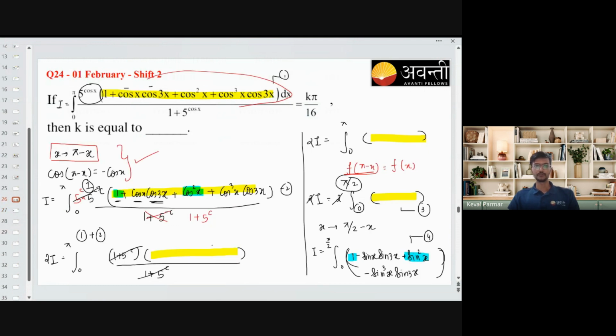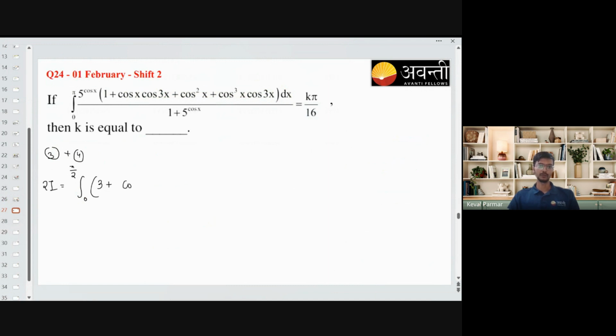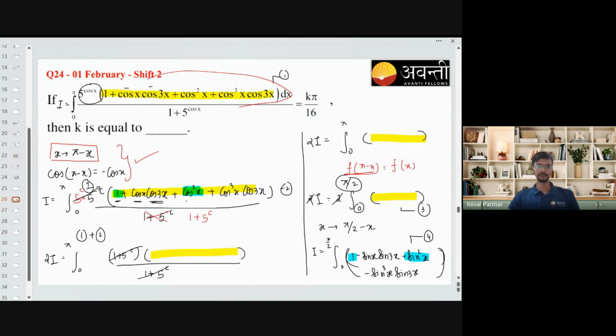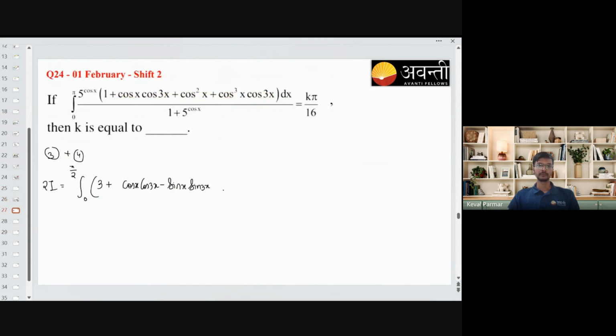Now we have cos x cos 3x minus sin x sin 3x, and after this, plus cos cube x cos 3x minus sin cube x sin 3x.